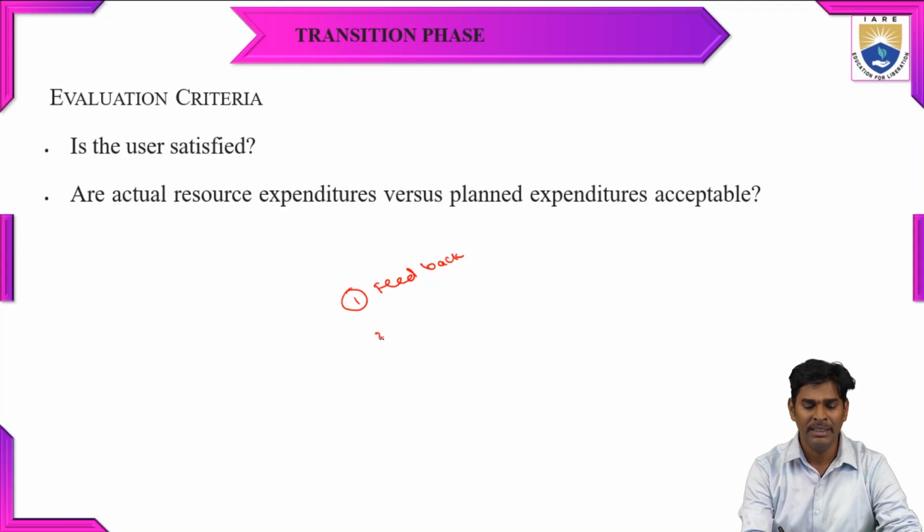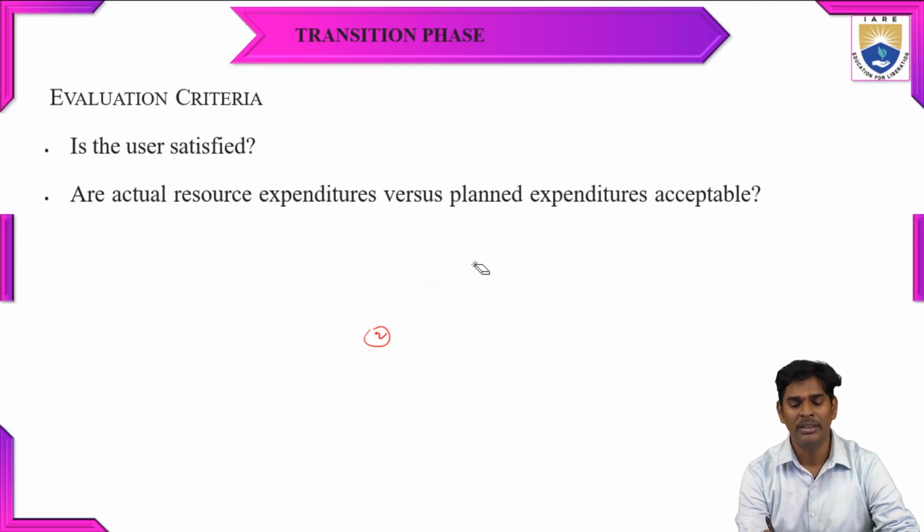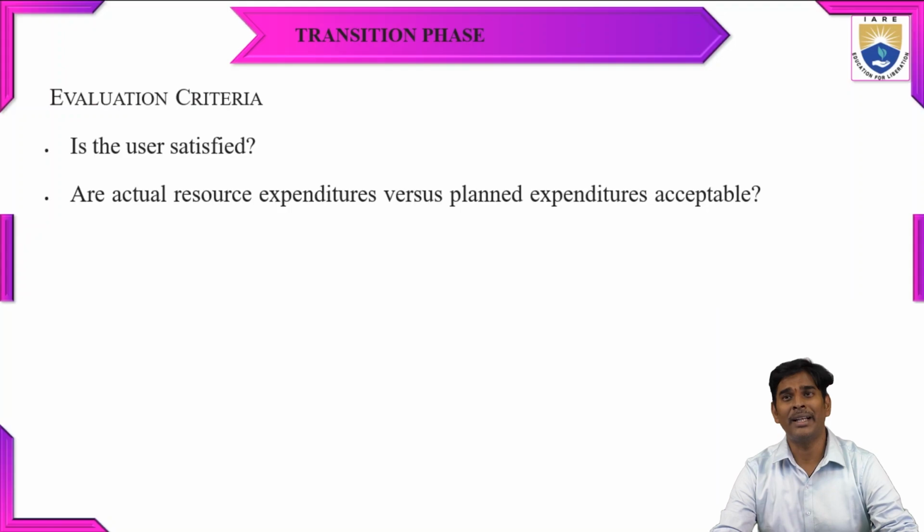And the next one is: are actual resource expenditures versus planned expenditures acceptable? Okay, so they need to verify the expenditures during the initial study of the software product or project, and what the planned expenditures are, and whether they will be acceptable or not.